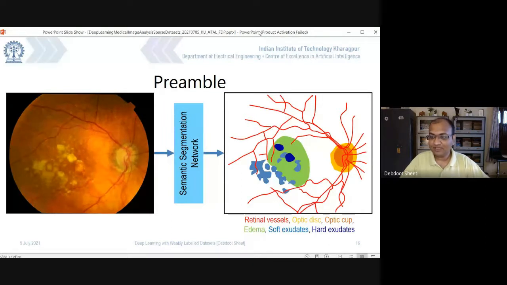That is, my neural network should be able to identify anatomies like the blood vessel, the optic disc, and the optic cup within this image, as well as find pathologies like edema, soft exudates, or hard exudates, which I see over here. I want my neural network to be able to do all of them.